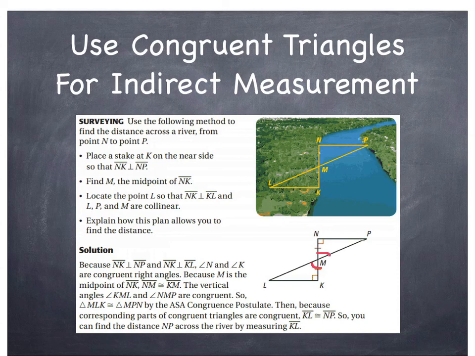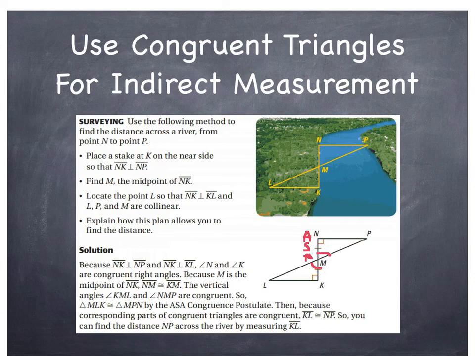So what do we have now? Well, guess what? This time we've got an angle, a side, and an angle. And this time the side is the included side. So you guessed it, that is angle, side, angle. We have now proven that triangle MLK is congruent to triangle MPN by the angle, side, angle congruence postulate.